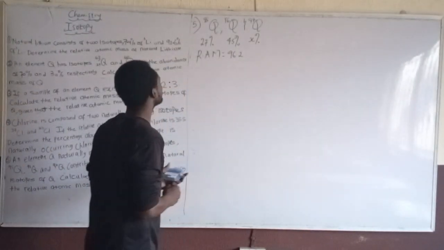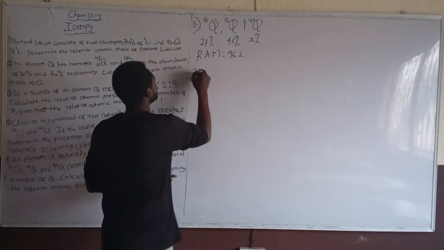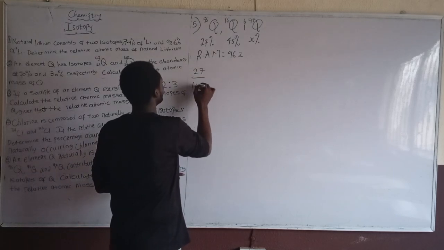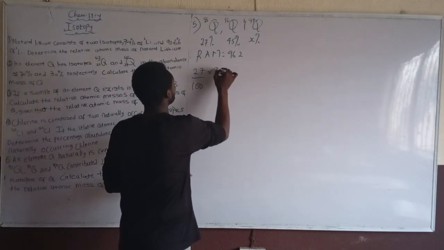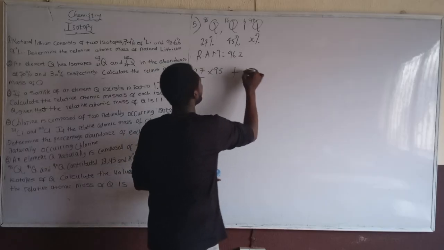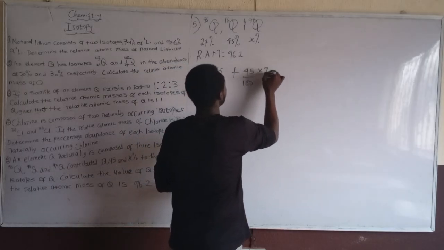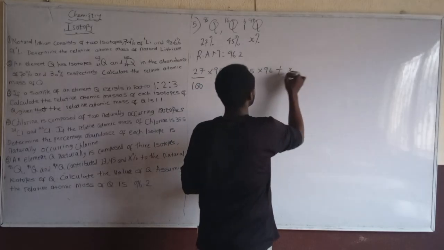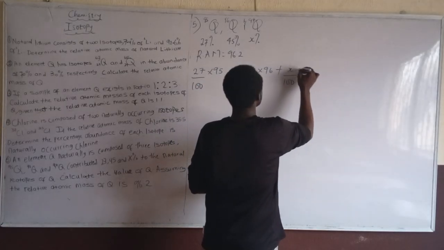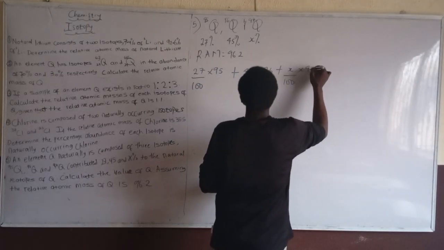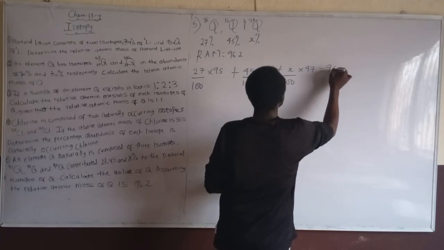But let's solve. So here is 27 divided by 100 times 95 plus 45 divided by 100 times 96 plus x divided by 100 times 97 equals 96.2.